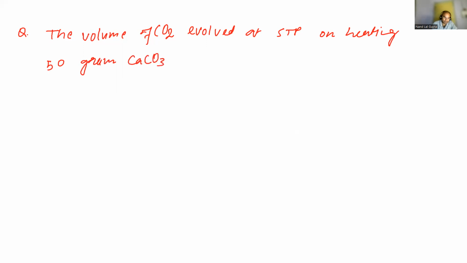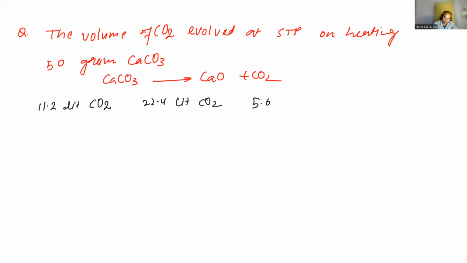The equation they have given: CaCO3 is split into CaO plus CO2. Options also given. 11.2 liter CO2, then 22.4 liter CO2, next 5.6 liter CO2 and 24.4 liter CO2. Can I try or will you try?